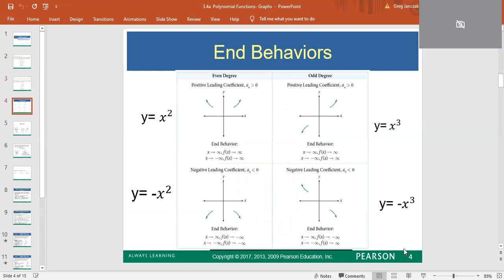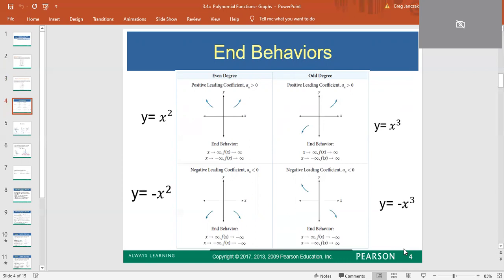Okay, now here's where you've got some answers to put in. This one here to the left is an even degree and it's positive. So it's going to open up to the left and up to the right. What we're looking for here is what the end behavior does.